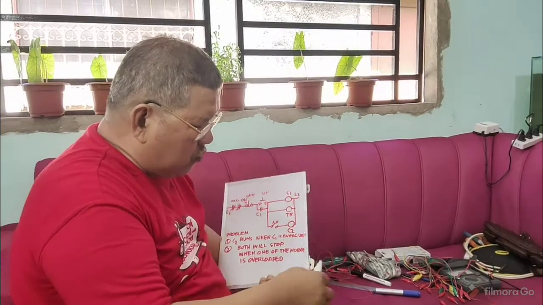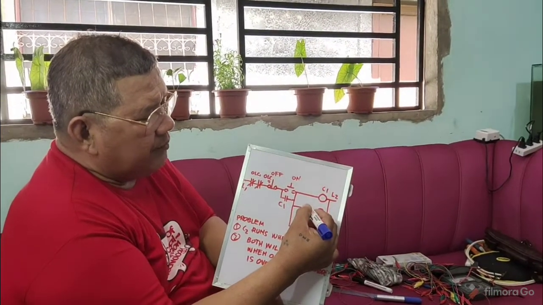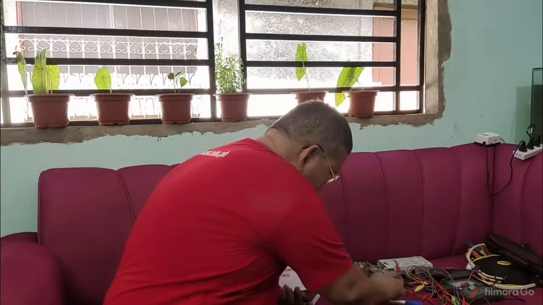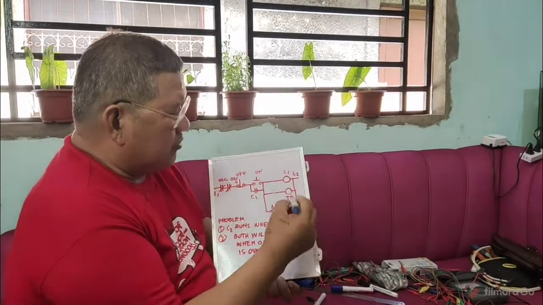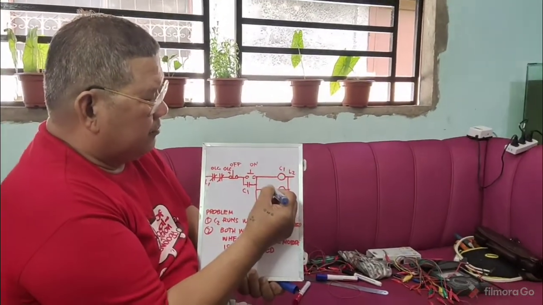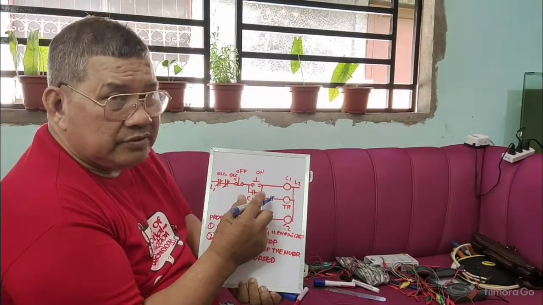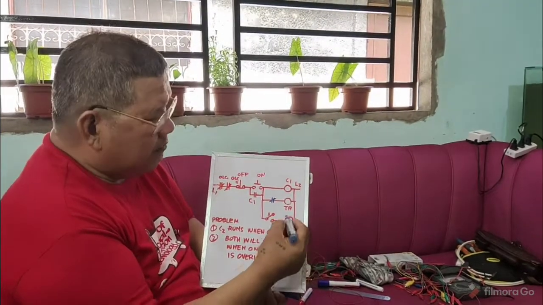So you are going to have this connection. Okay? So this time, you will place here a normally close auxiliary contact, coming from where?